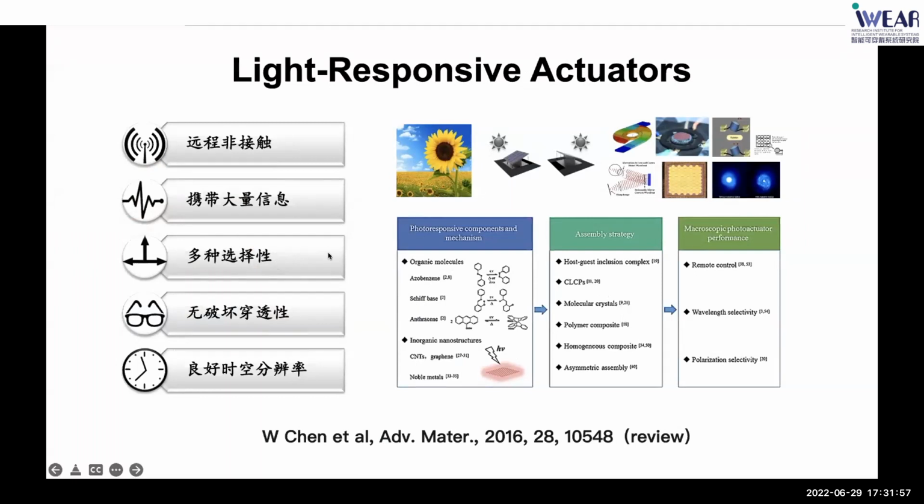As shown in the figures, compared with electrical actuators, we have many more choices for light sources. For example, we can use different wavelengths to stimulate the actuator. Also, we can use polarized light as a light source to stimulate the actuators.